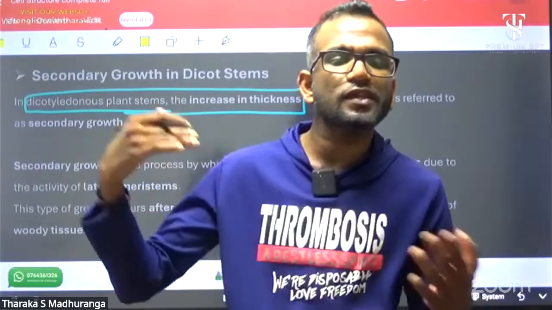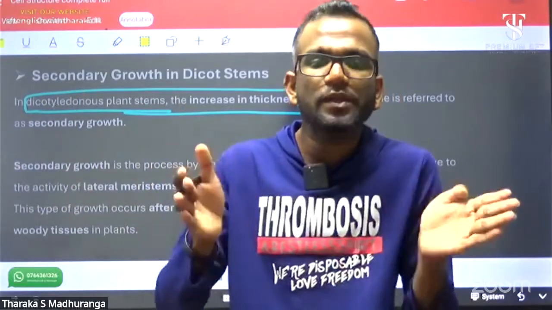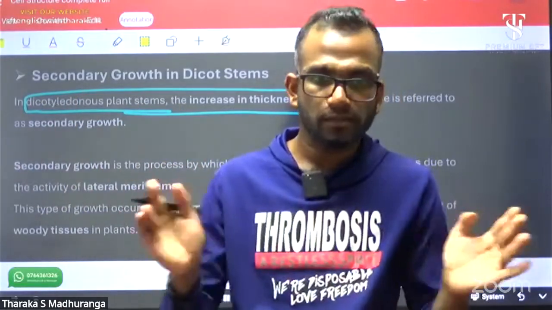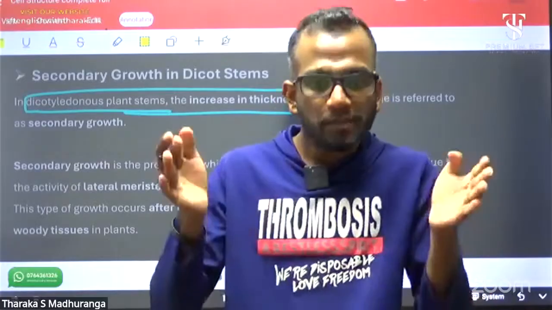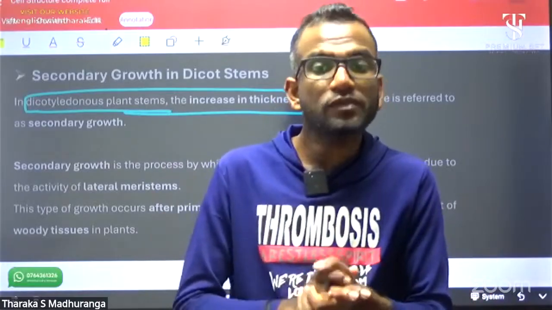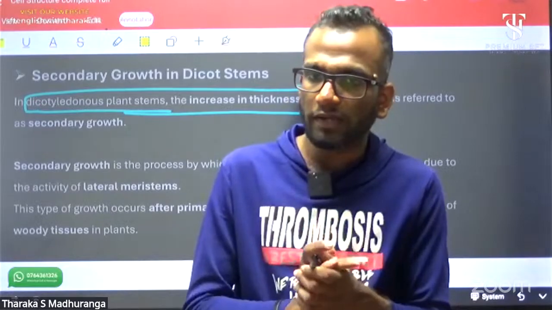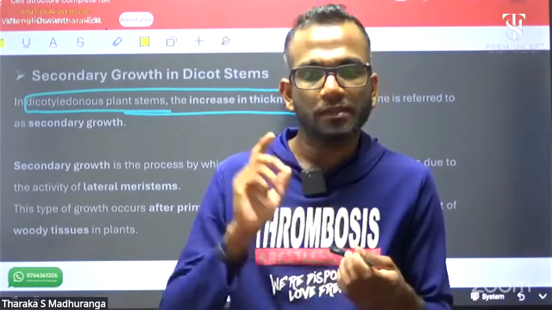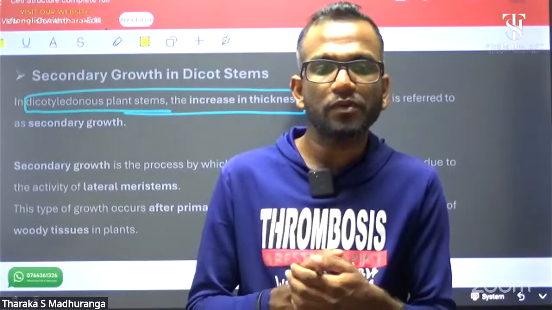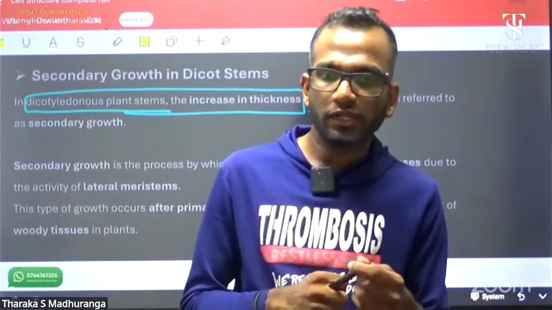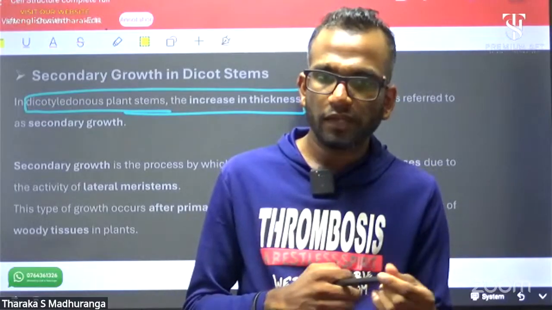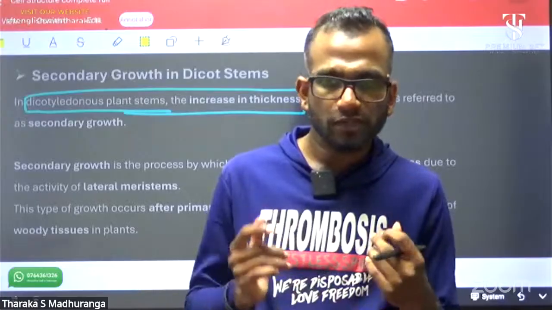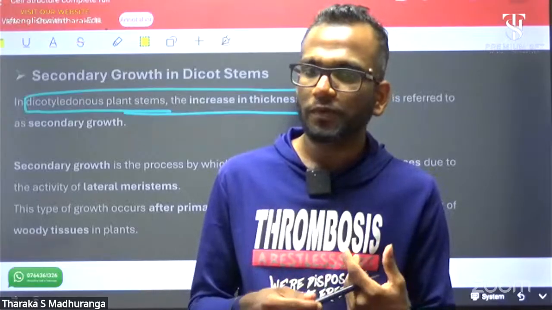Sometimes when the height increases, the thickness decreases a little bit, or stays the same. There is no secondary growth for monocotyledon plants. Secondary growth only occurs in dicotyledon plants, right? Send me a response.